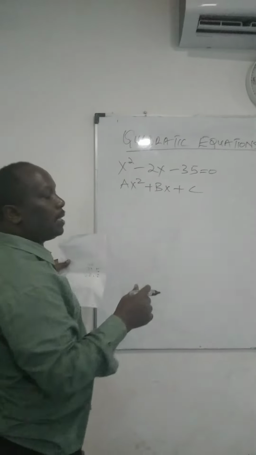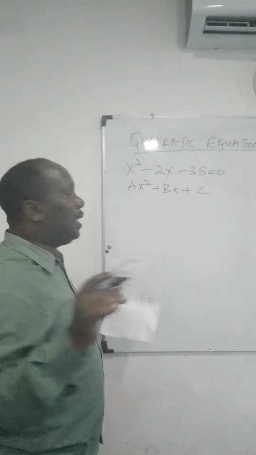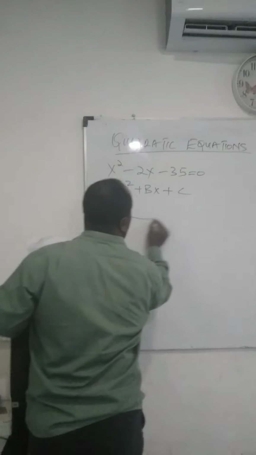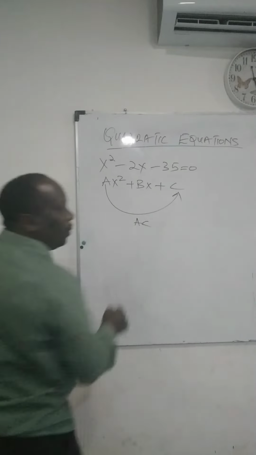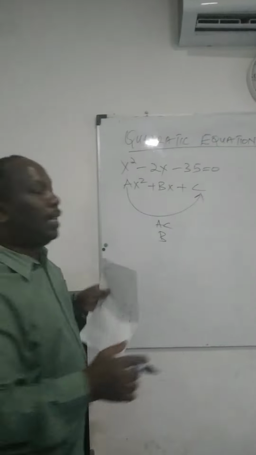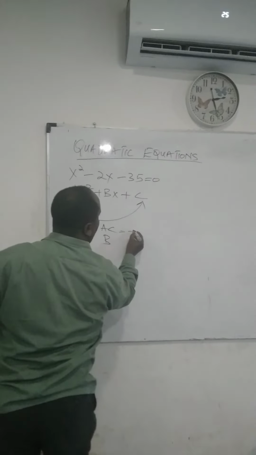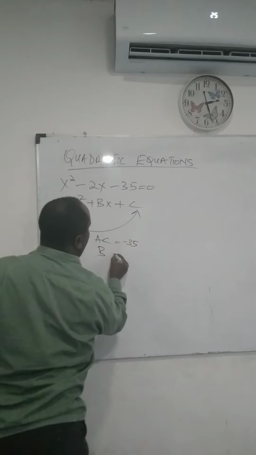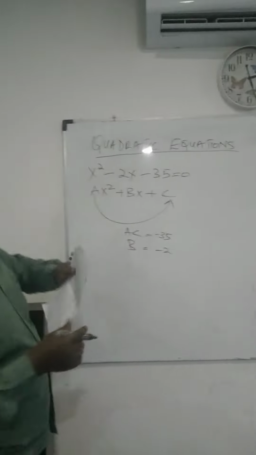The first step, if we want to get the solution for this quadratic expression, is to ask ourselves for two numbers. When you multiply them, you get ac, and when you add them, you get b. In our case, we have ac as minus 35, and we have b as minus 2.